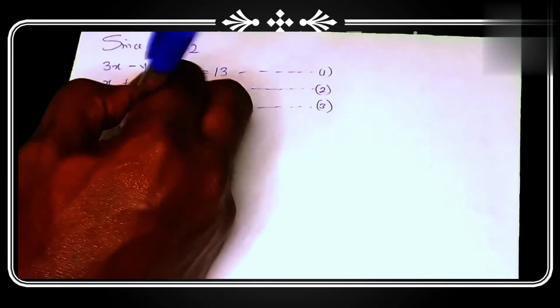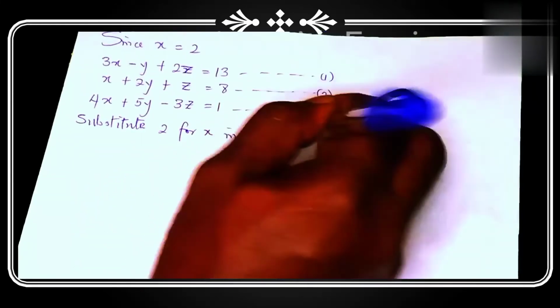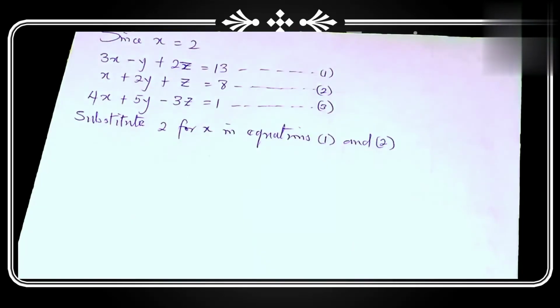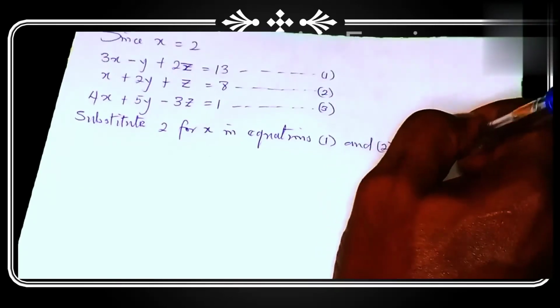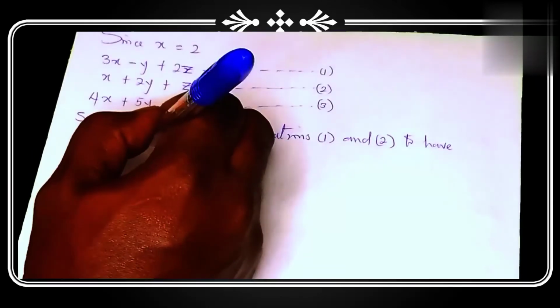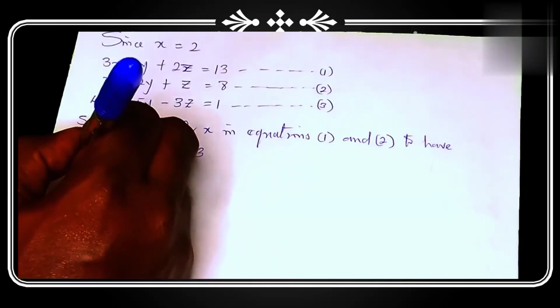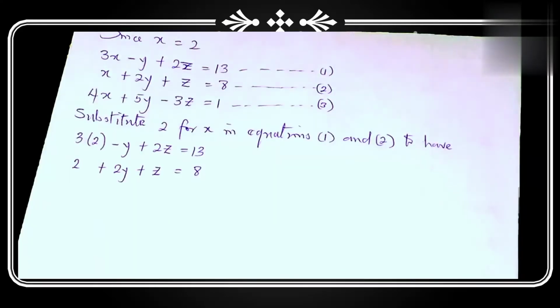Now, let us substitute 2 for x in equations 1 and 2 to have 3 into 2 minus y plus 2z equals 13, and 2 plus 2y plus z equals 8.